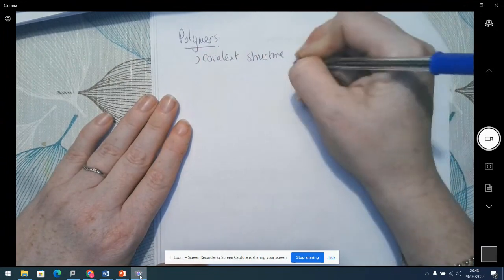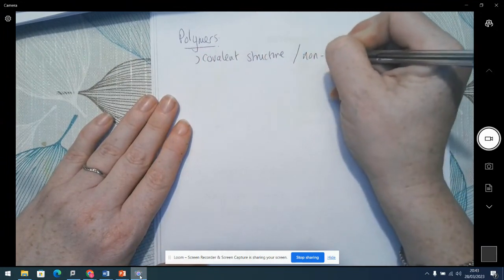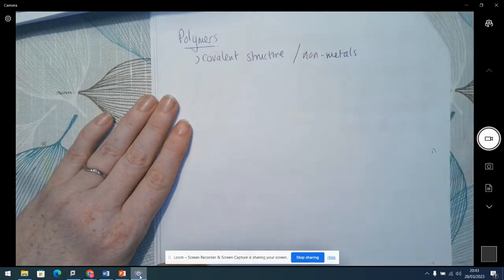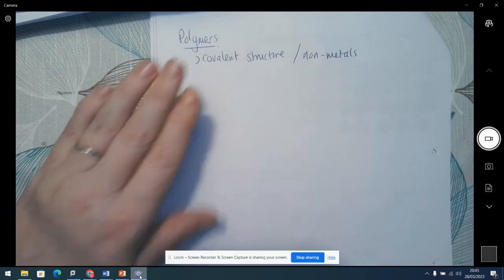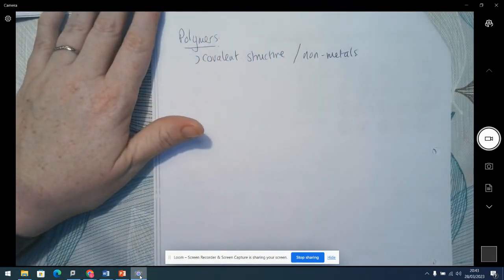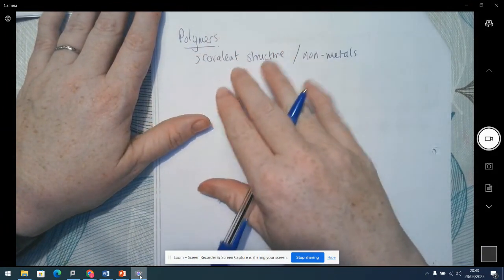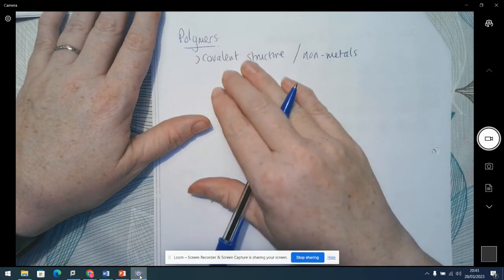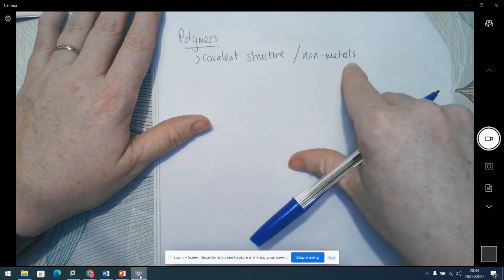So that means they are made of non-metals, and we normally talk about polymers when we come to look at alkanes, alkenes, cracking, making polymers in paper 2. But you need to know about polymers in terms of their structure, the fact that they're covalent, the fact that they are non-metals.